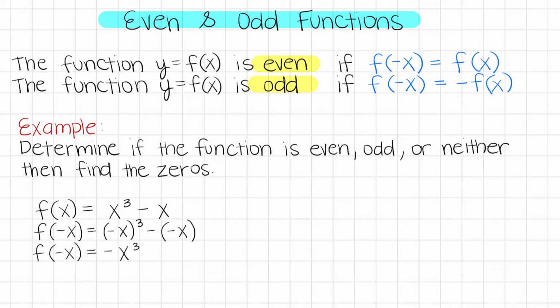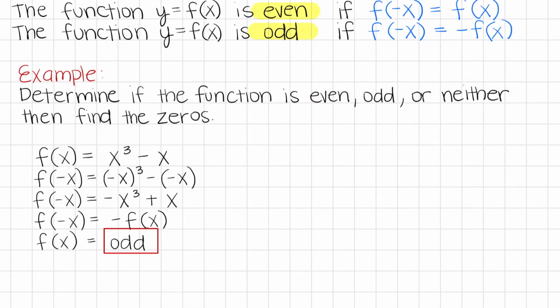And minus negative x turns into plus x. So since we're left with negative x cubed plus x, and if you look at our original function given, x cubed minus x, the resulting function is just the negative version of what we were given. So that means that f of negative x equals negative f of x, meaning that f of x is odd.